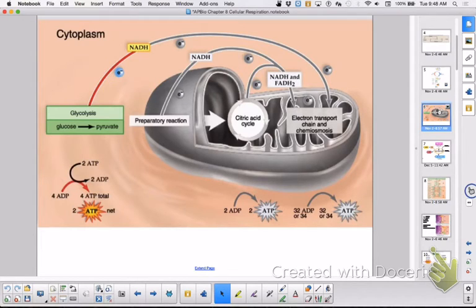Remember before when we did our ETC in photosynthesis, we brought the electrons to the interior. Guess what we're going to do now? Push them out into the outer space. We're still in the mitochondria, but to the outermost compartment. So it's basically the opposite. Once you have photosynthesis down, just do it backwards and you've got cellular respiration.